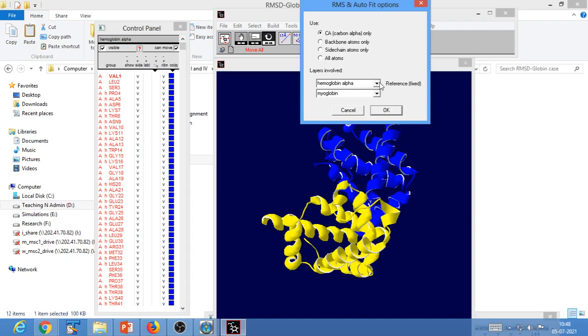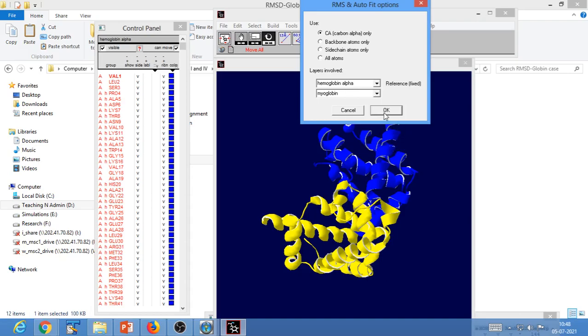And what you have to do while superimposing is set one reference model. What this would mean is that your myoglobin would be superimposed over hemoglobin. The very first model that you usually load is by default considered the reference model.